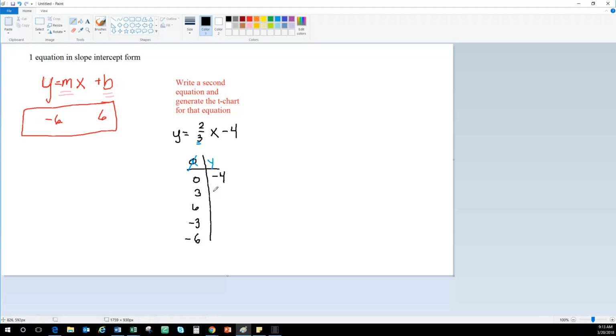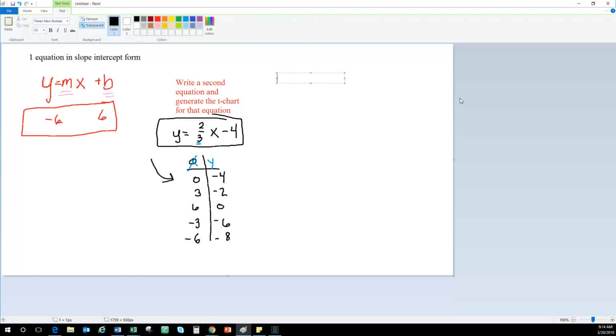I'd get 2 minus 4 is -2. When it's 6, we would get 0, and just keep going through here. So this would be -1, come on, Mr. Shear, you can do this in your head. This would be -6, and this would be -8. So you need to write a second equation and generate the t-chart for it.